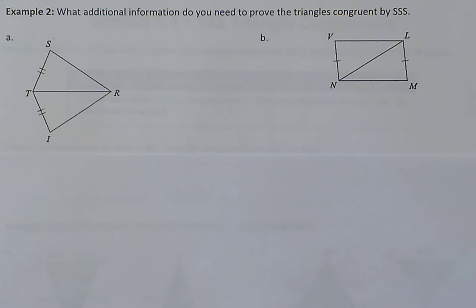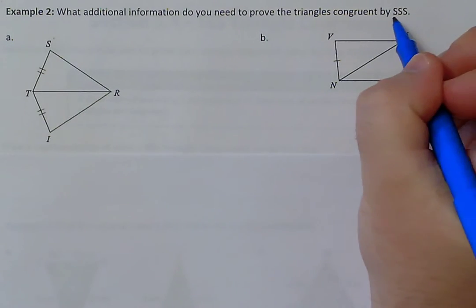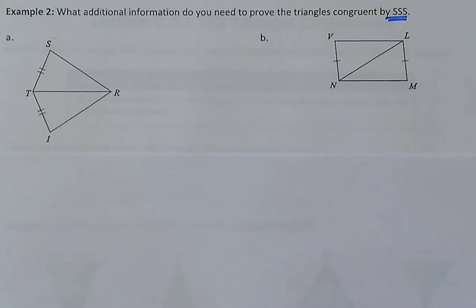Now, for example 2, they want us to go based off side, side, side. So I need to say that all 3 sides are congruent. So we just have to identify what additional side length we need to know to be able to say these are congruent.